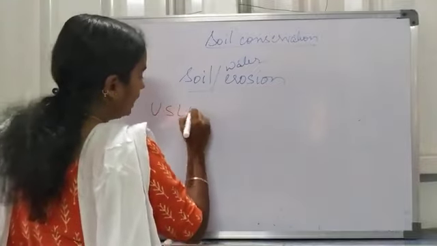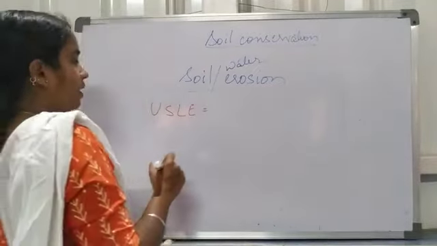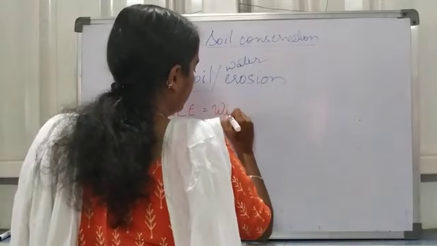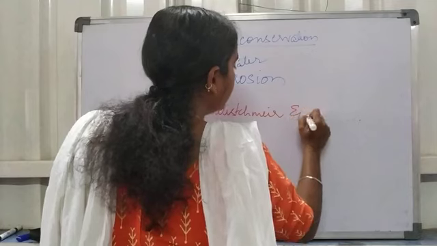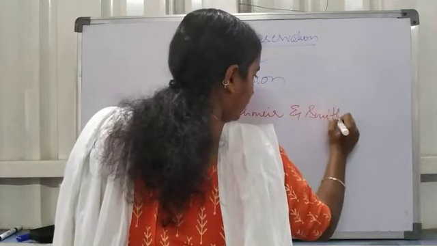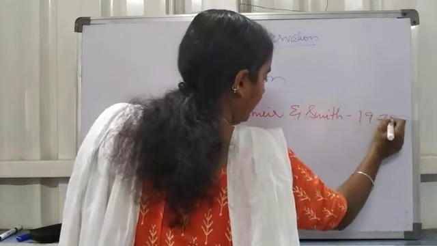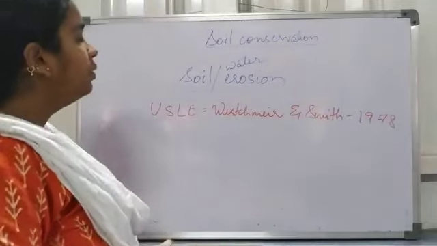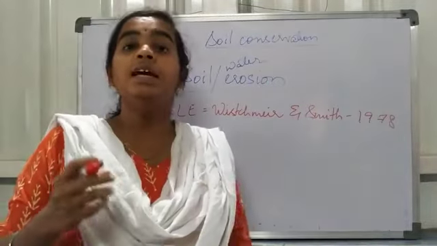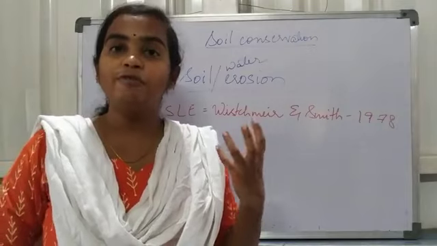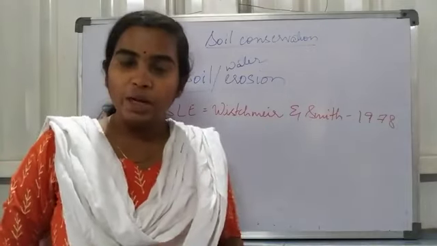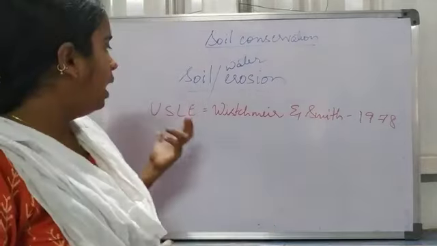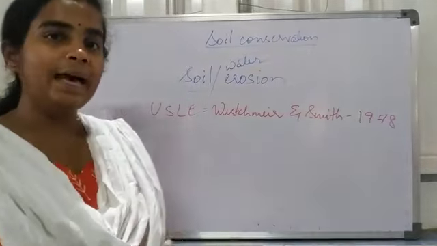Universal soil loss equation, which was given by Wischmeier and Smith in 1978. So the universal soil loss equation gives the various factors which are involved in eroding the soil, and also how it is happening, why it is happening.